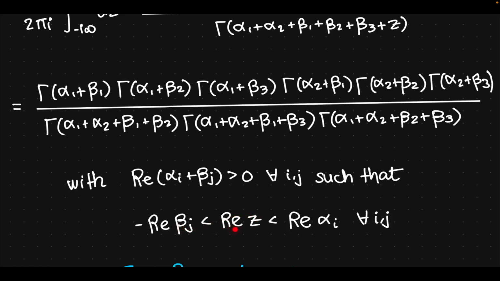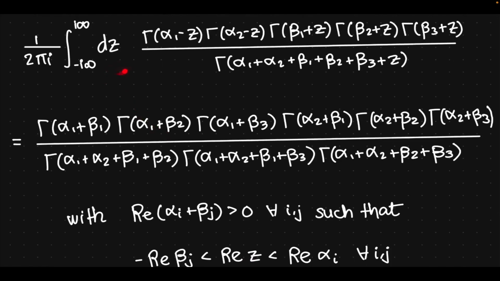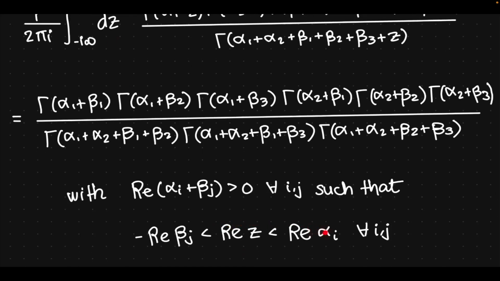I'm placing the contour such that the real part of z, and z is the integration variable, the variable that denotes that we're on the contour, is in that strip between the real part of alpha and the negative real part of beta.